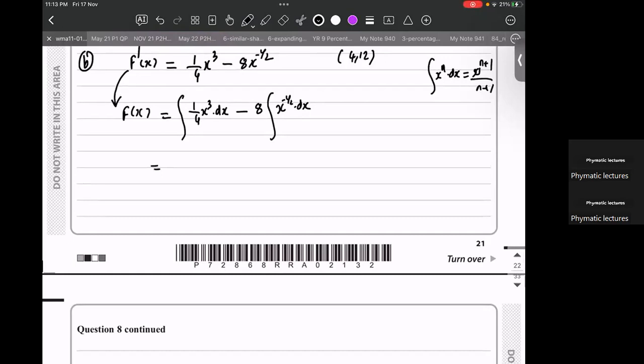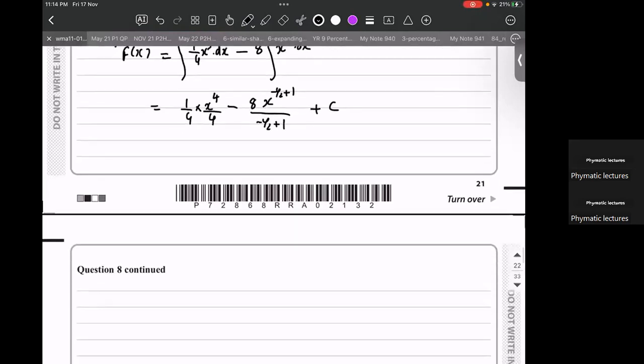So integrating, 1 by 4 times x to the power of 4 by 4, because 3 plus 1 becomes 4, minus 8 x to the power of minus 1 by 2 plus 1 by minus 1 by 2 plus 1, and we need to add a constant of integration, plus c.